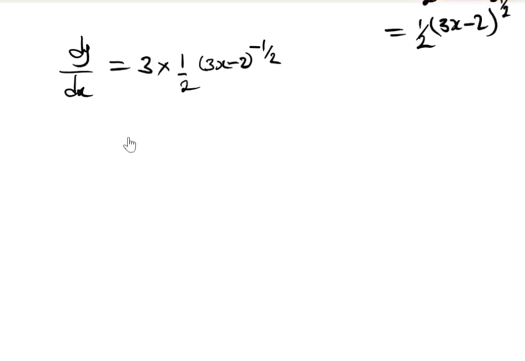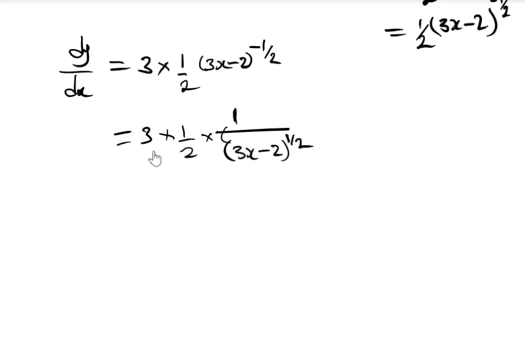This is equal to 3 multiplied by 1 over 2, and this part is the same thing as 1 divided by (3x minus 2) to the power of half.